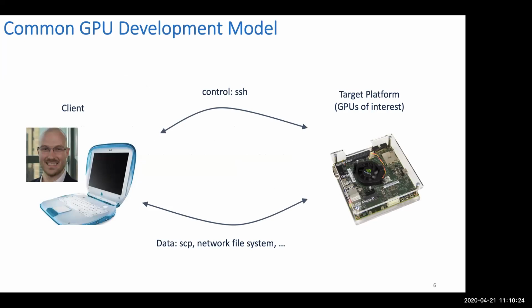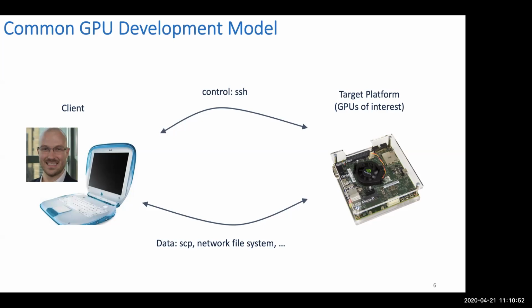Commonly when we're developing GPU code these days, we are not writing code on the system that the GPU is connected to. There are a few different reasons for that. In the Internet of Things or embedded regime, the embedded GPUs often have particular power or memory constraints that are not appropriate for a laptop or a development system.